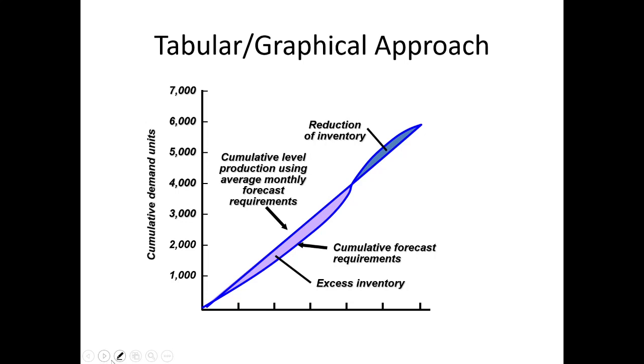As you can see here, if you follow the chase strategy, you would get cumulative production that actually coincides with the cumulative demand curve. If you follow a level strategy, you will get a straight line, because you have maintained a fixed production quantity throughout the planning horizon.